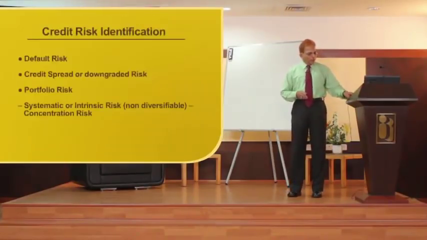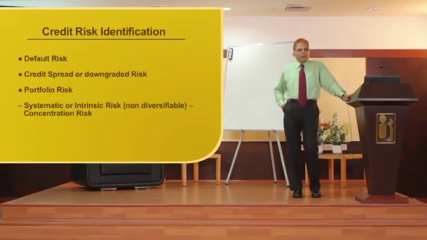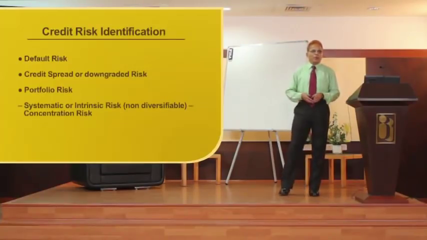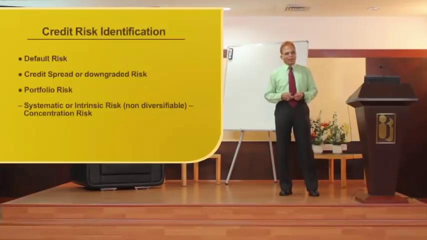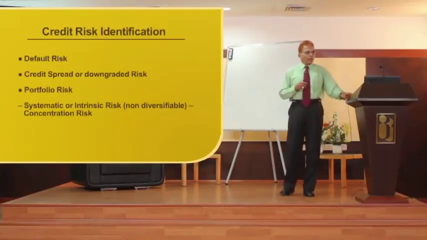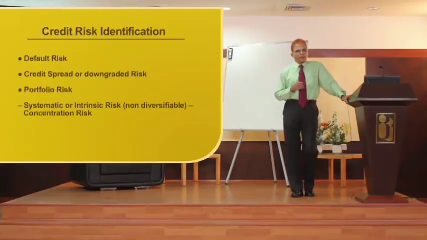Now, when we say credit risk management, the important thing is credit risk identification, because we have seen that risk management's very first step is to identify what are the different kinds of risk in the bank. In case of a credit risk, first is to identify the default risk. Default risk is, we know, when the counterparty is not in a position to pay his obligation.